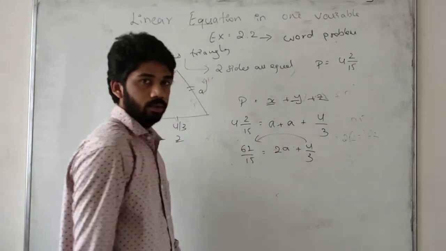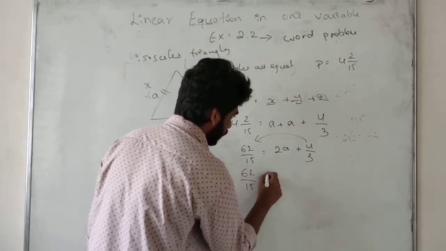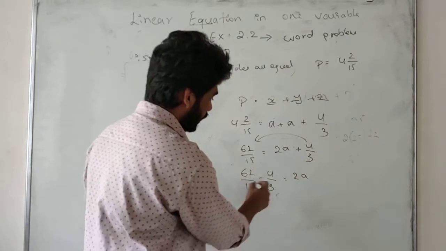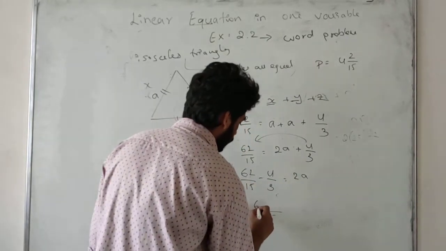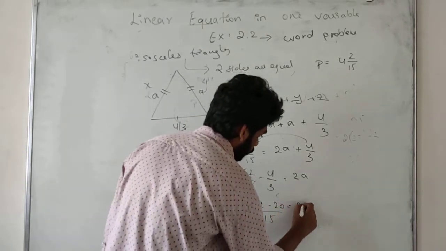Take 4/3 to the other side. So we get 62/15 minus 4/3 is equal to 2a. Taking the LCM as 15, we get 62 minus 4 5s are 20 is equal to 2a.